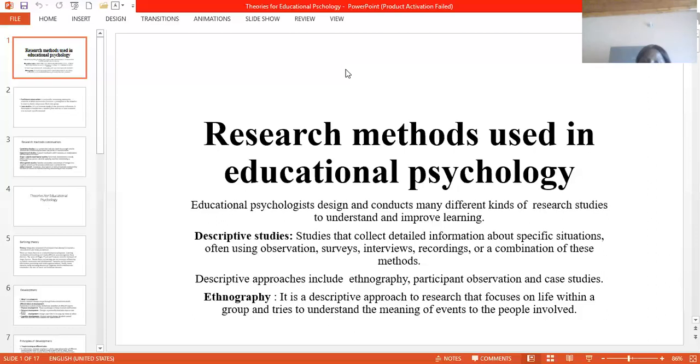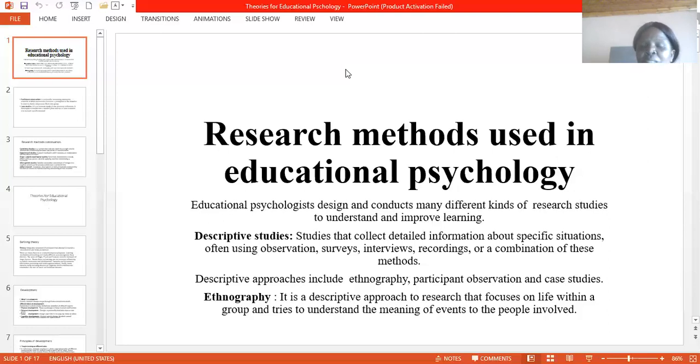Descriptive studies are studies that collect detailed information about specific situations, often using observation, surveys, interviews, recordings, or a combination of these methods. Descriptive approaches include ethnography, participant observation, and case studies.